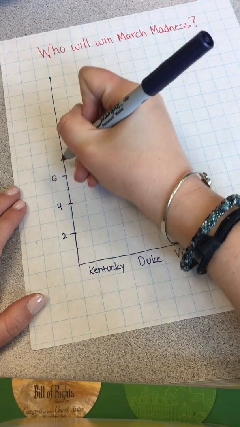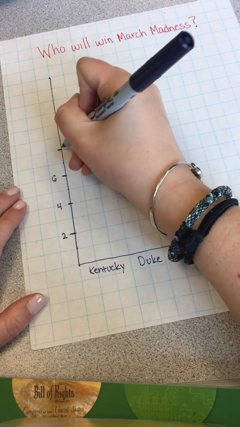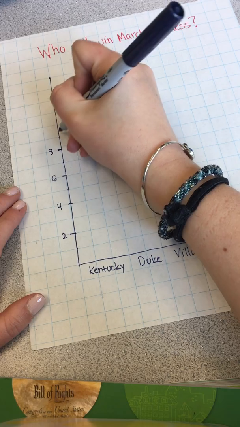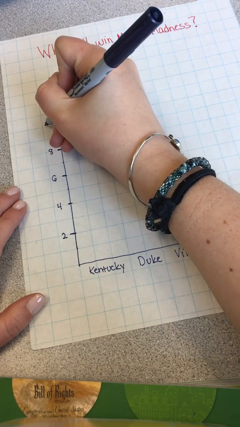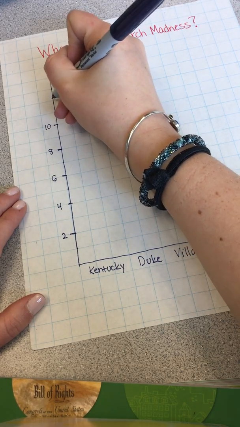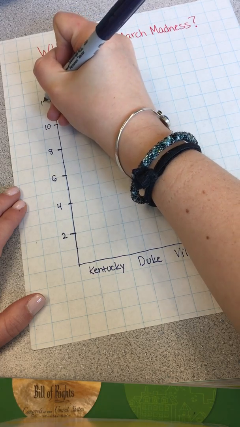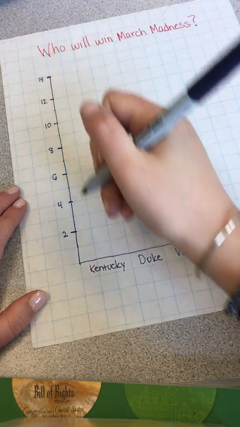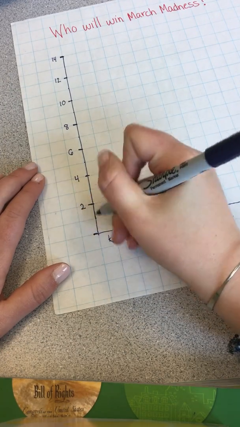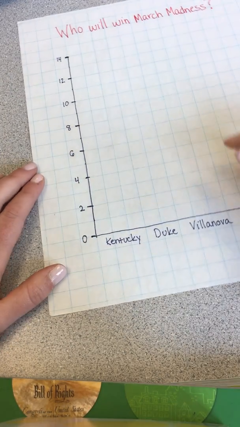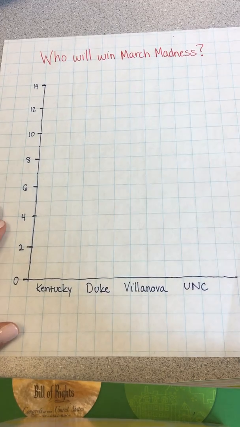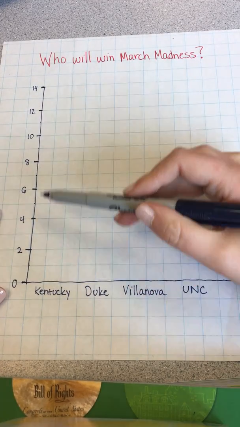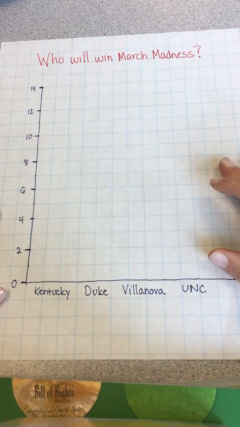So I'm counting up by 2s. And I'll end up here on 14. And we always have to remember that our scale starts at 0. So now I have my scale set up as well as my categories.